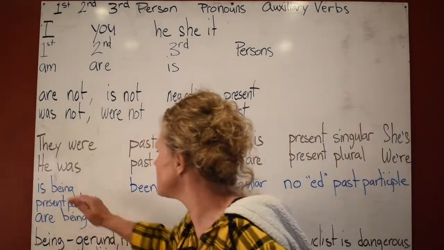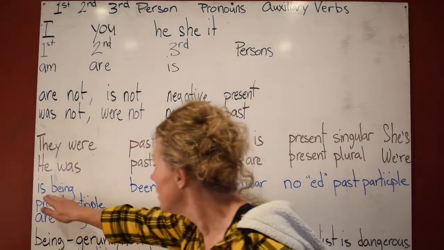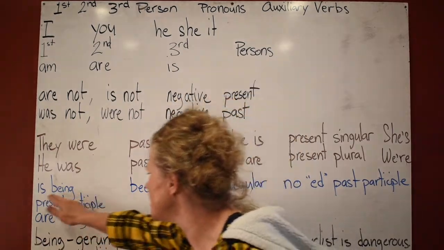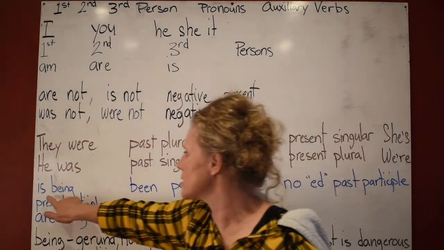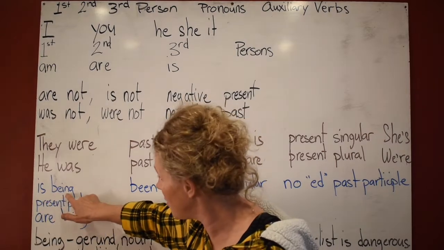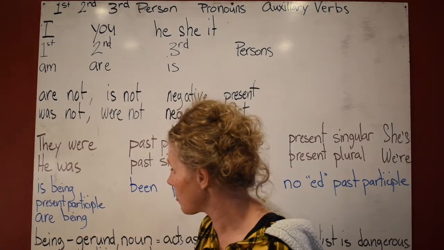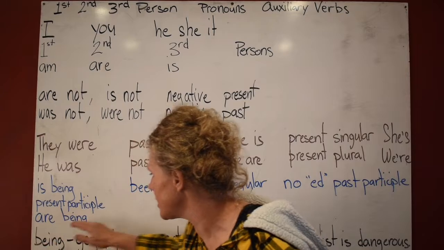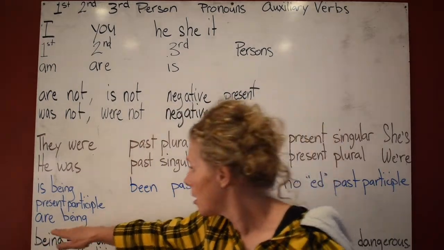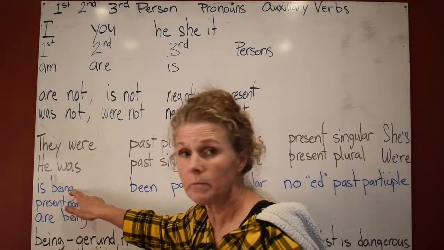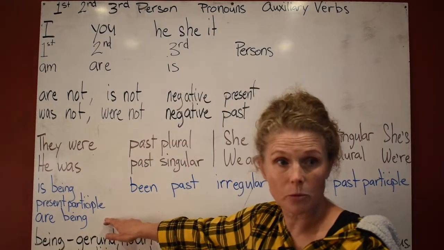We're going to go is being. Okay, is being. We know that this is a present participle because we have our helping verb right here, and this right here is our participle. Now this right here would be what? This is singular and this is plural participle, right?